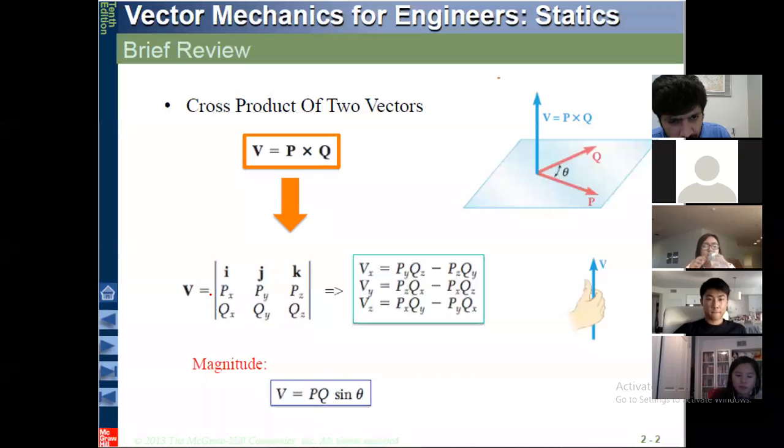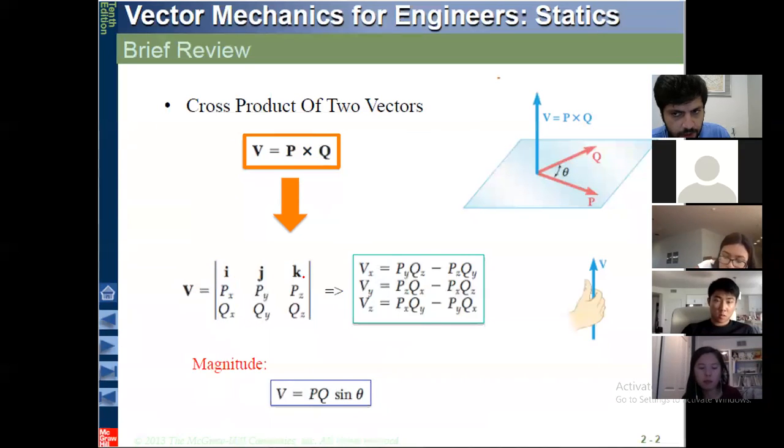Well, it is kind of like a determinant of a matrix, very similar, but the procedure is like this. If you want to calculate P cross Q, and pay attention that it is important how you put this, P first and Q is the second vector. So you will draw something like this.